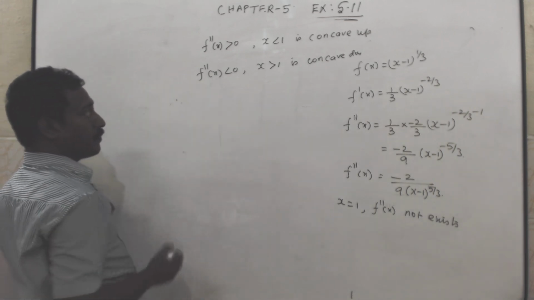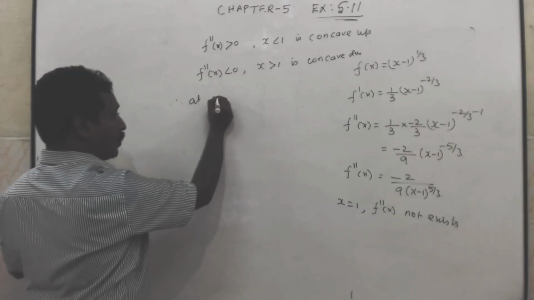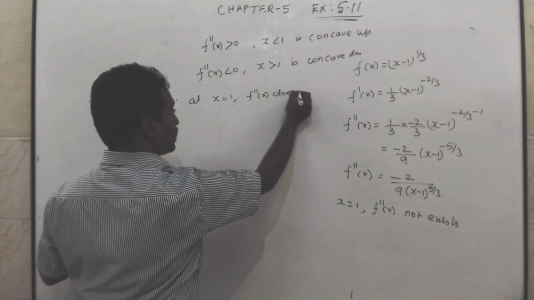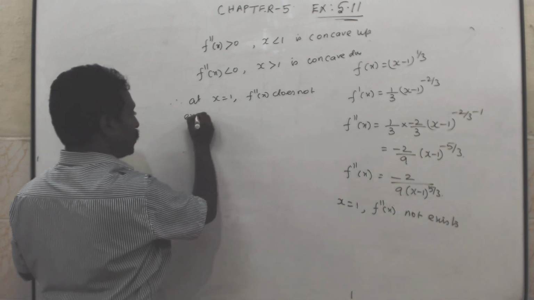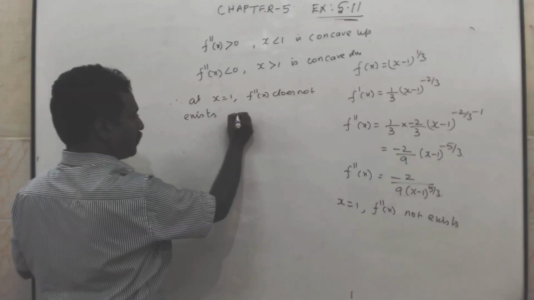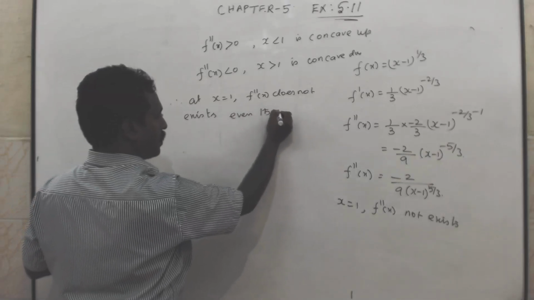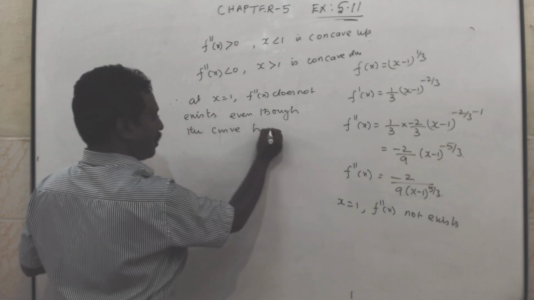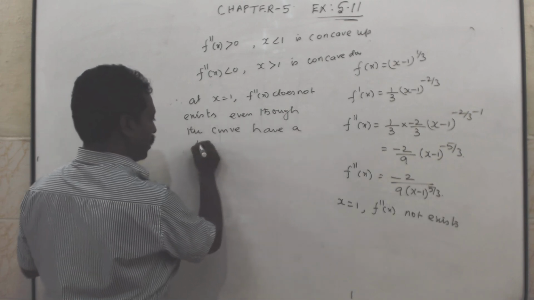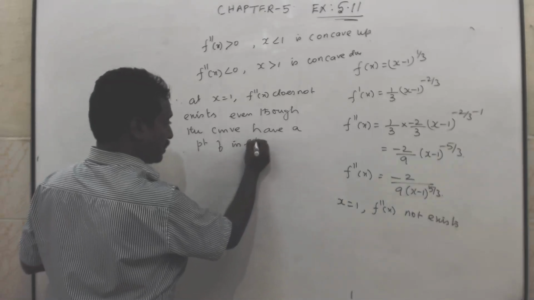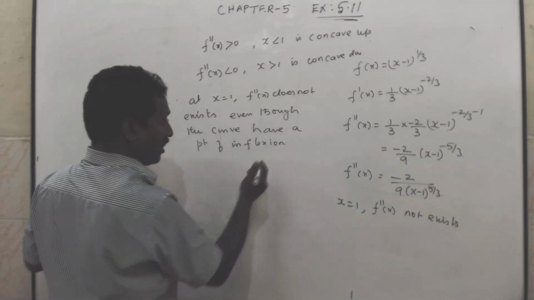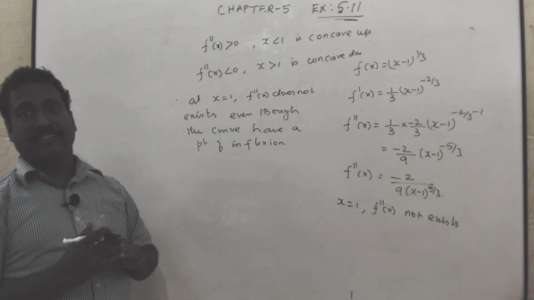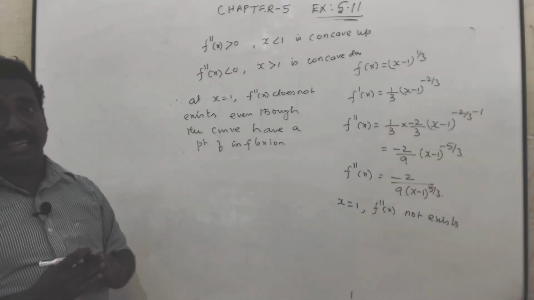Therefore, at x is equal to 1, f double dash of x does not exist, even though the curve has a point of inflection, because the left hand side of x equal to 1 is concave up, and the right hand side of x equal to 1, f of x is concave down.